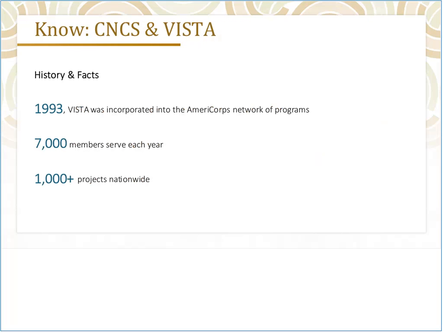So let's look at some historical facts. In 1993, President Clinton started AmeriCorps, and VISTA was incorporated into the AmeriCorps network of programs. Then, as many of you know, around 7,000 members serve each year, and there are more than 1,000 projects nationwide.